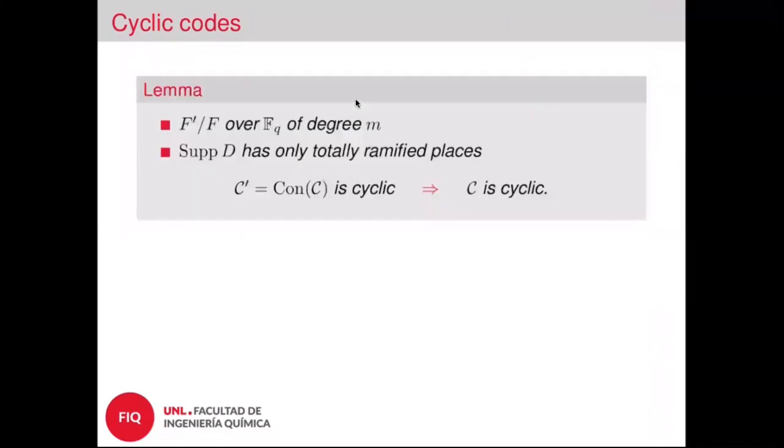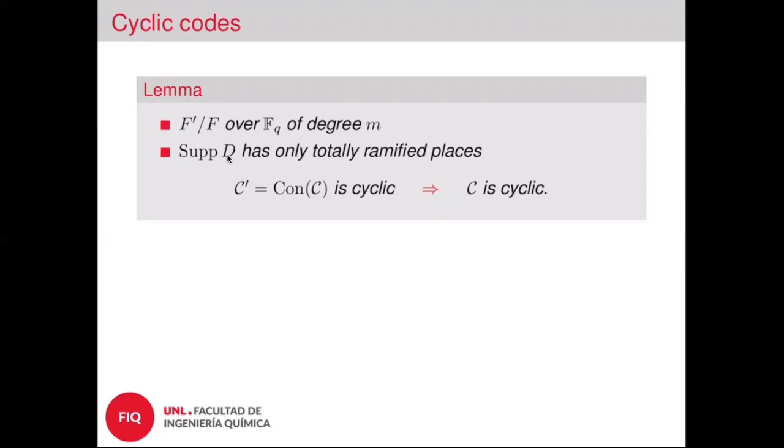And what we get in this case is that we were considering extensions F' over F, both of them function fields over the same F_q. And we choose a code C such that D has only totally ramified places.